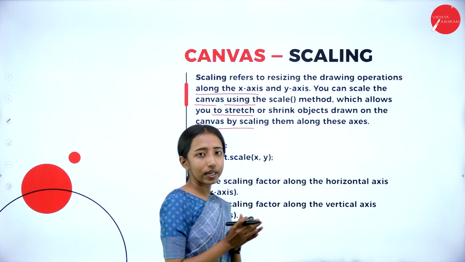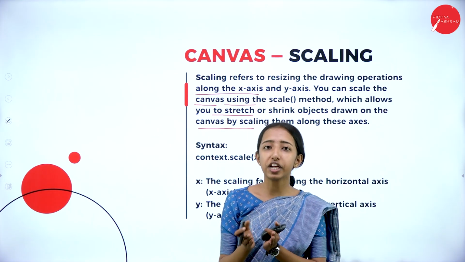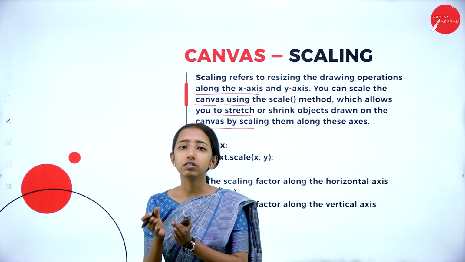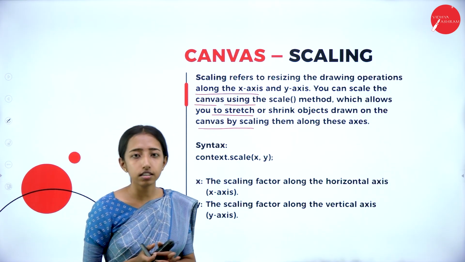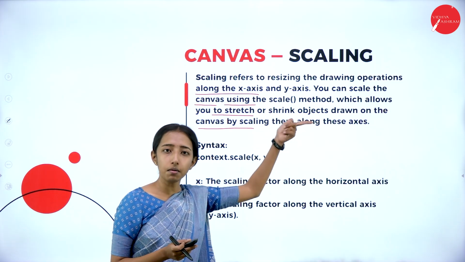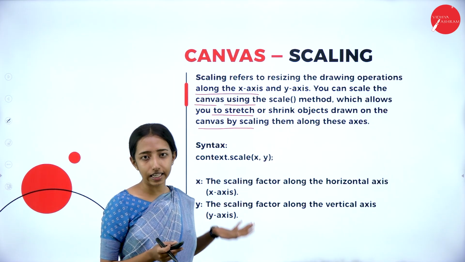So scaling means we can have an object or a shape or a drawing that we have done expand or shrink. This can be done using the method called scale in the HTML5 canvas.